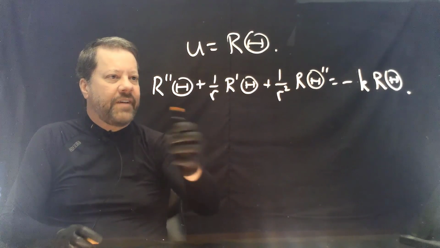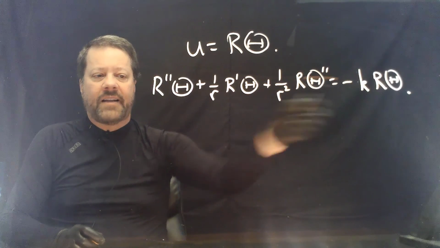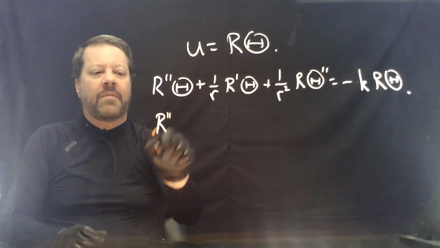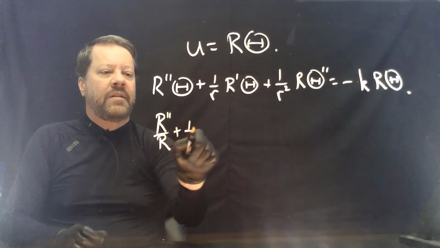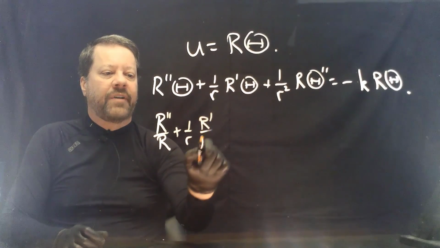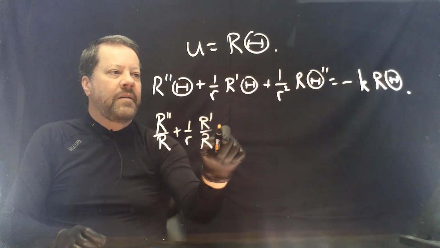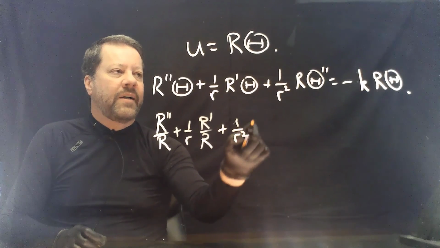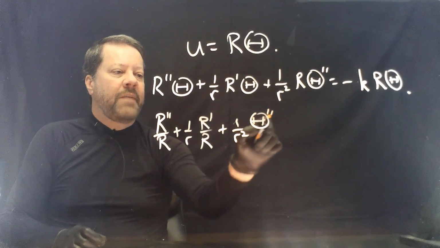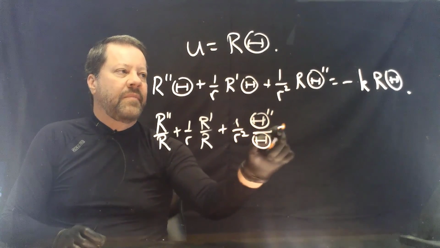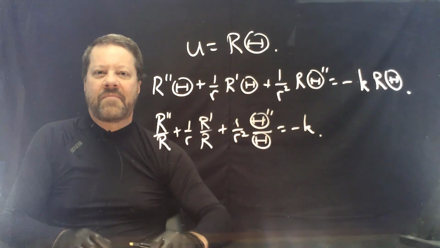We will, of course, divide everything in sight by R Theta. We'll have R prime prime over R plus 1 over r, R prime over R, plus 1 over r squared Theta prime prime over Theta equals minus k.